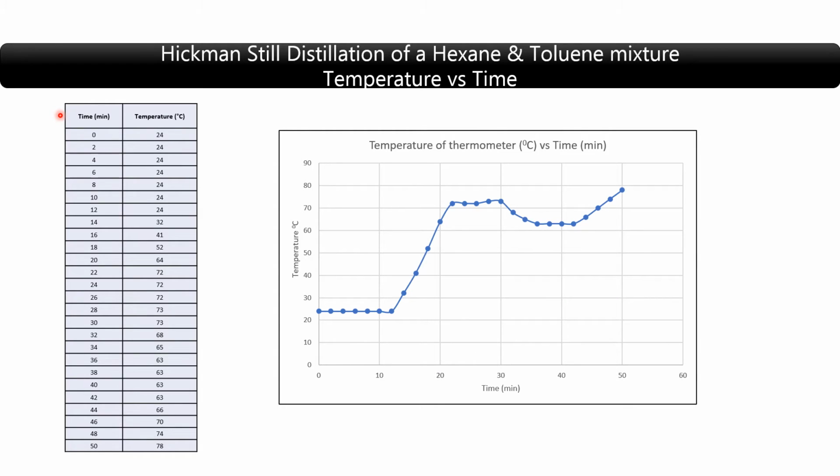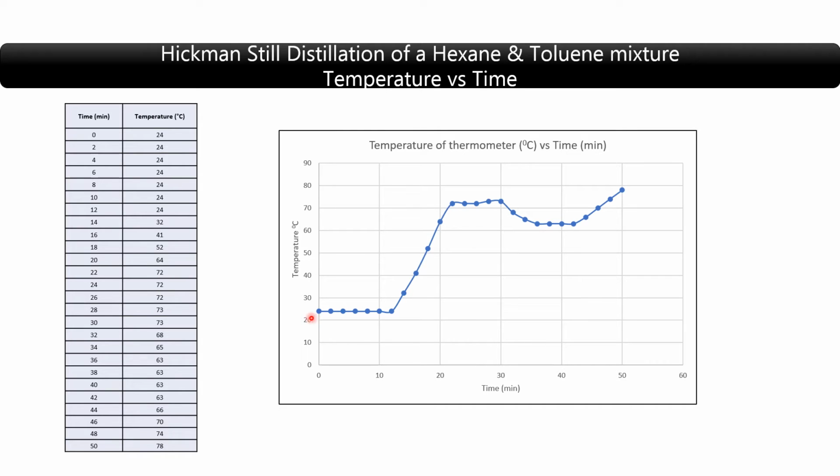Okay, so here we have the temperature recorded every 2 minutes, and you will be getting this data in your lab report guide, and you are asked to plot a graph where you plot temperature on the y-axis against time on the x-axis, and you're going to observe how the temperature changes throughout this distillation experiment to separate hexane and toluene.